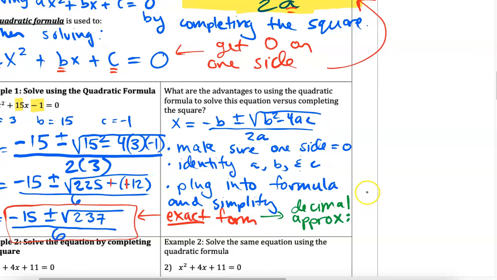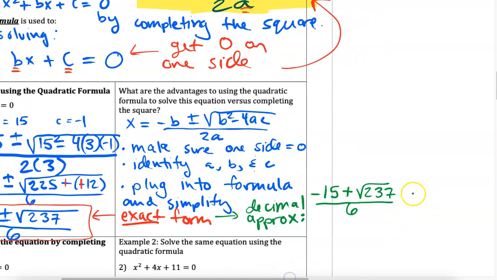So the decimal approximation is found by figuring out what the square root of 237 is with a calculator, adding that to negative 15 and then dividing by 6, and then also doing the one where you subtract: negative 15 minus the square root of 237, all divided by 6.